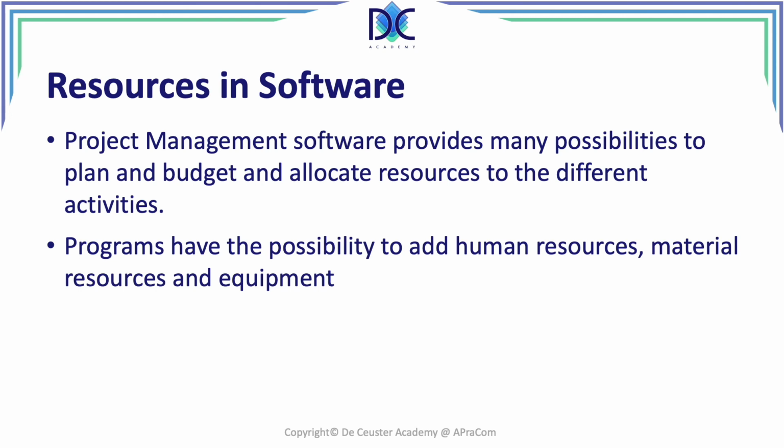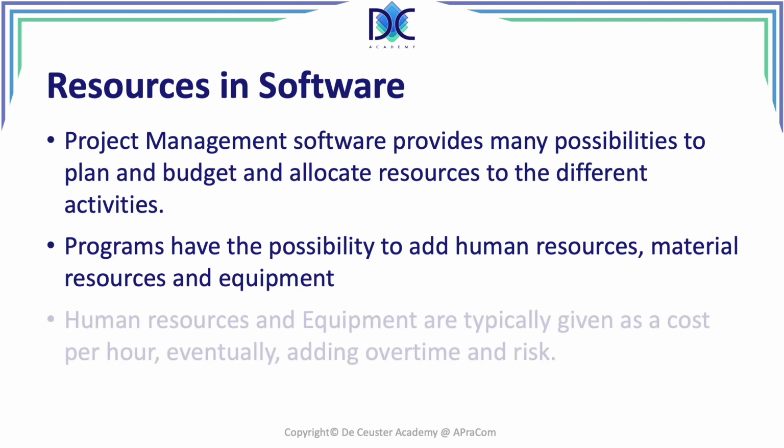We can have human resources in the program, but also material resources and equipment. We can have different labels in the program, and the program will use them, allocate them to the activities, and calculate the cost depending on the specifications.